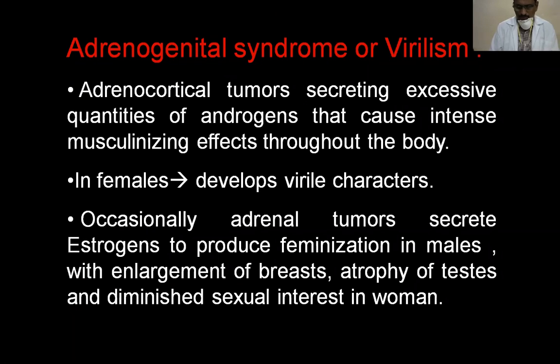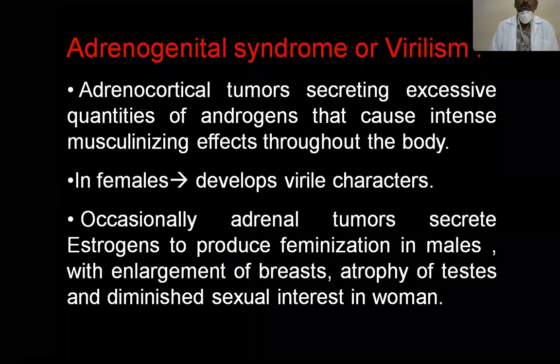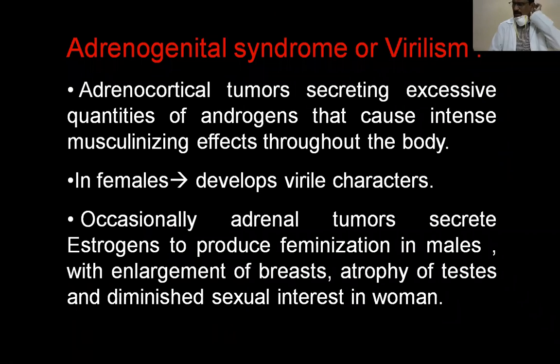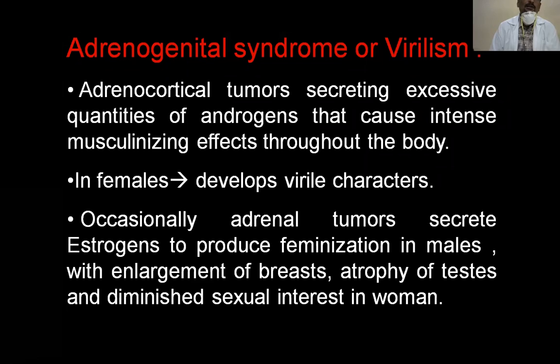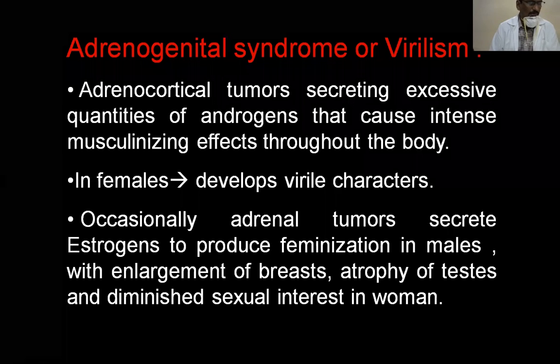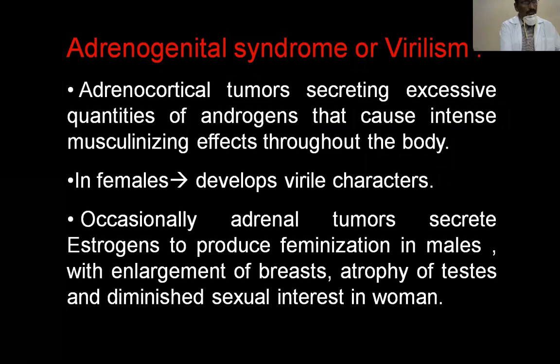Now, in addition to mineralocorticoids and glucocorticoids, the adrenal cortex also secretes certain androgens, especially DHEA, a major adrenal androgen, which is also synthesized from cholesterol via pregnenolone. By successive conversion, it can produce various adrenal androgens, such as DHEA as well as androstenedione.